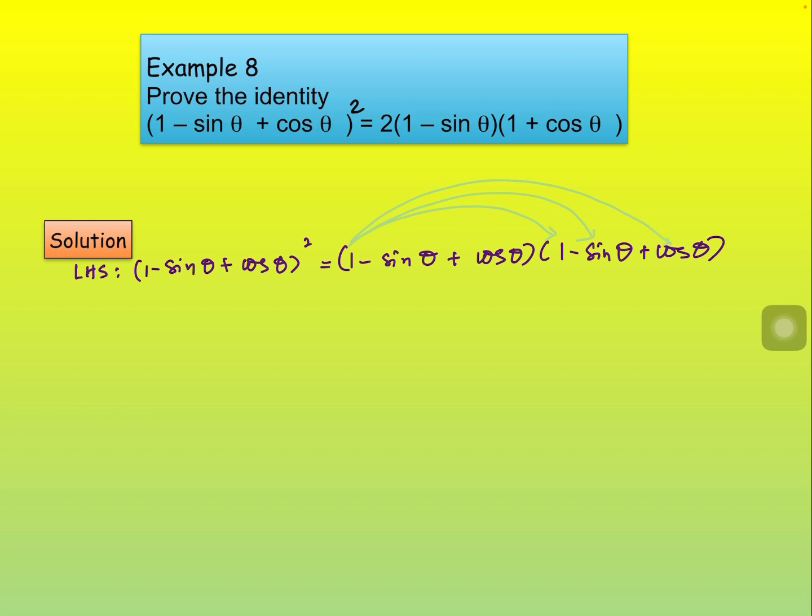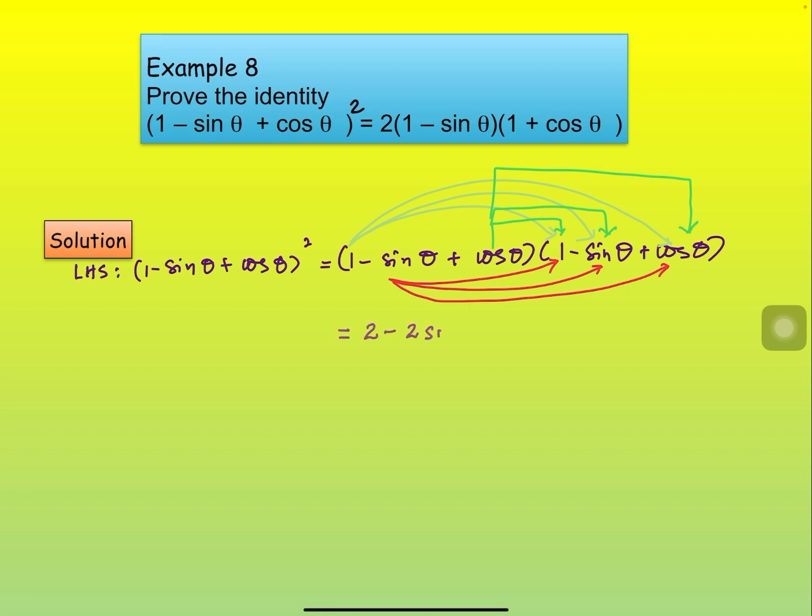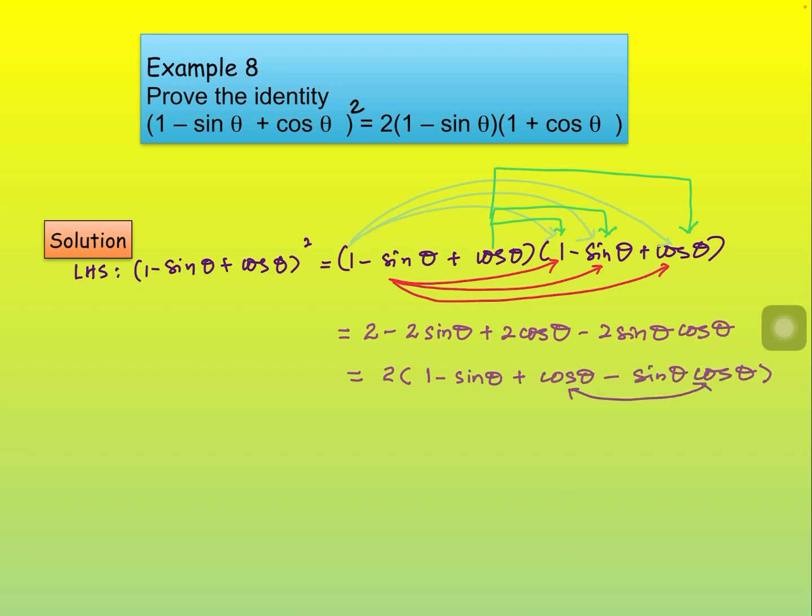What we have to do, each term in the first part will be multiplied with each term in the second part. So lastly, we will have 2 minus 2 sin theta plus 2 cos theta minus 2 sin theta cos theta, which is, 2 can be taken outside to factorize. We have 1 minus sin theta plus cos theta minus sin theta cos theta.